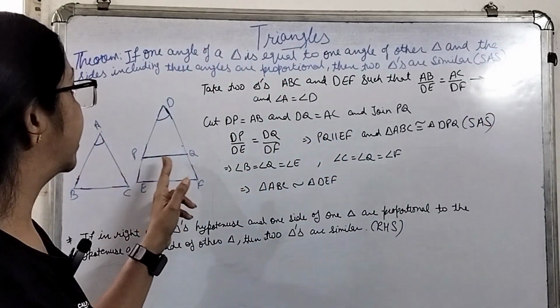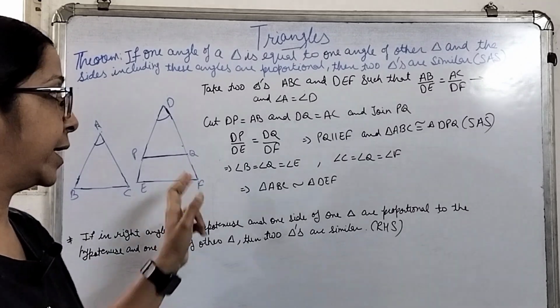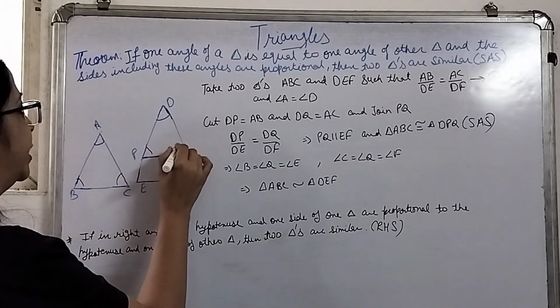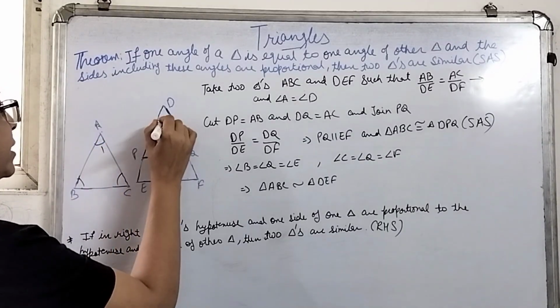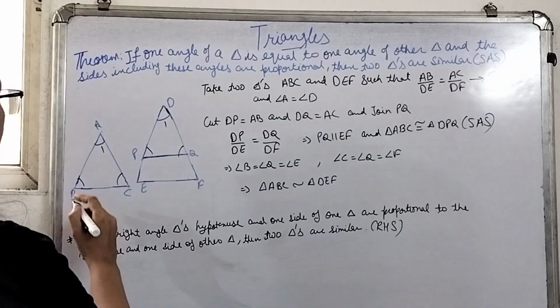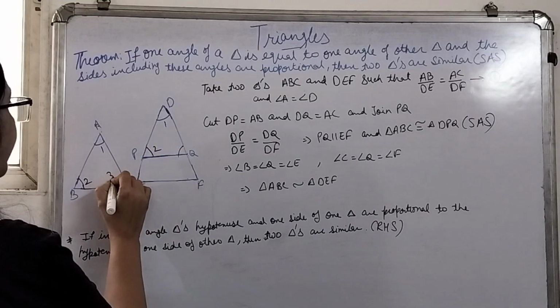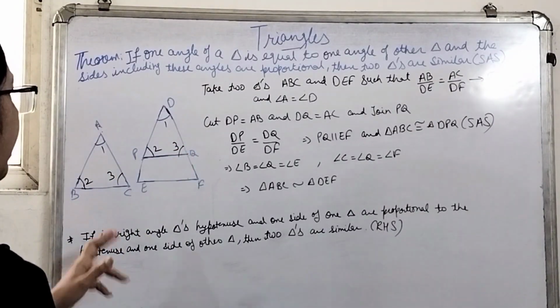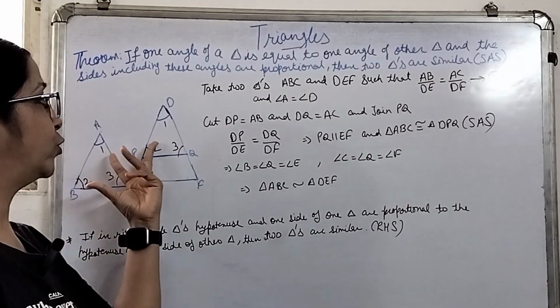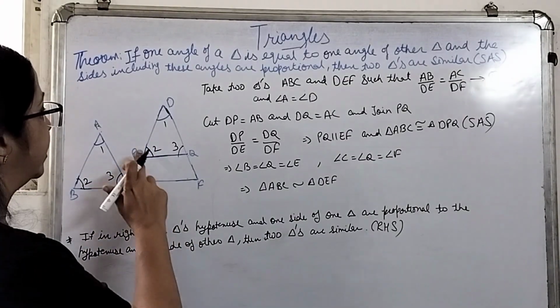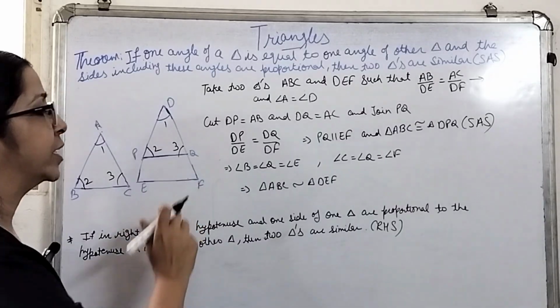And if these two triangles are congruent, we can say that by CPCT, their corresponding parts will even be equal. Already it was given that these two angles are equal. So angle B will be equivalent to angle P. Angle C will be equivalent to angle Q by CPCT, because just now we have proved these triangles to be congruent. And we have proved that PQ is parallel to EF.